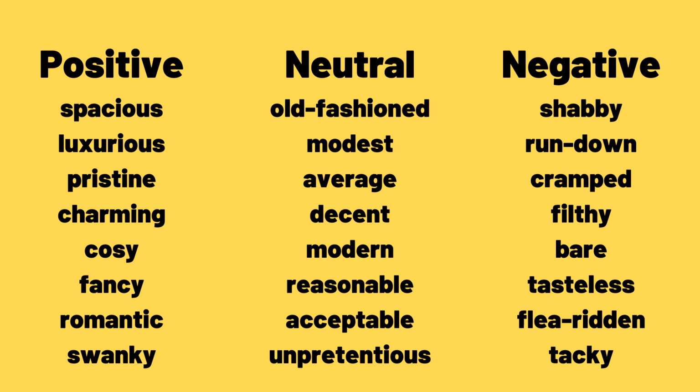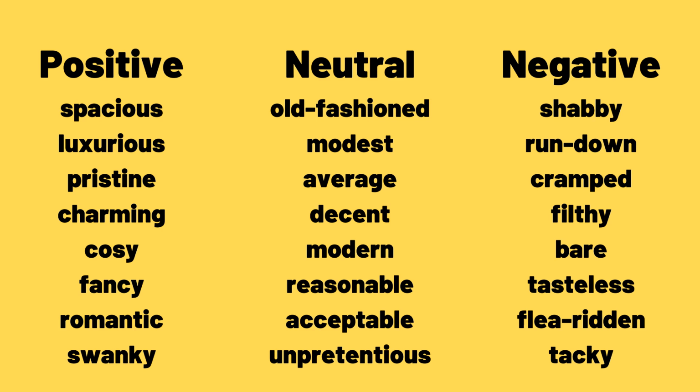So the last one there, unpretentious, that's the opposite of pretentious, which means trying too hard to be something you're not. So unpretentious is kind of a good thing, but in terms of a hotel room, it's a little basic, but not too bad. Finally, negative words: shabby, that means kind of ugly or dirty a little bit. Run down is old, but in a bad way. Cramped means too small.